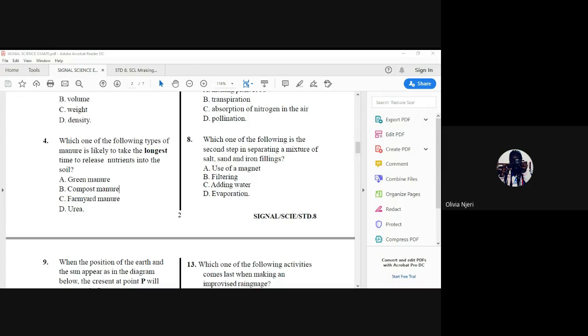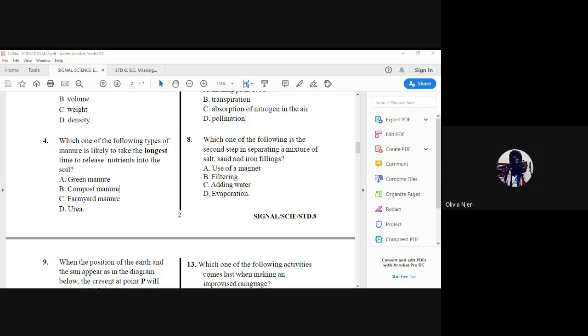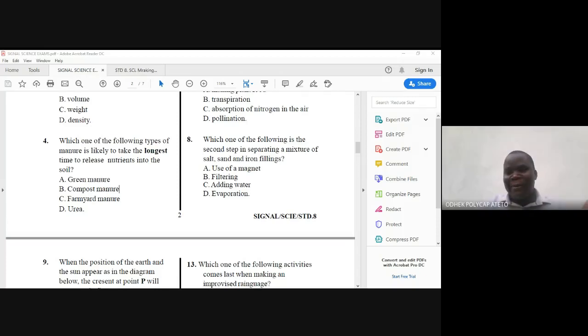Charles has 9 past papers, so carry more. Where does C stand for? Carbon. H stands for?